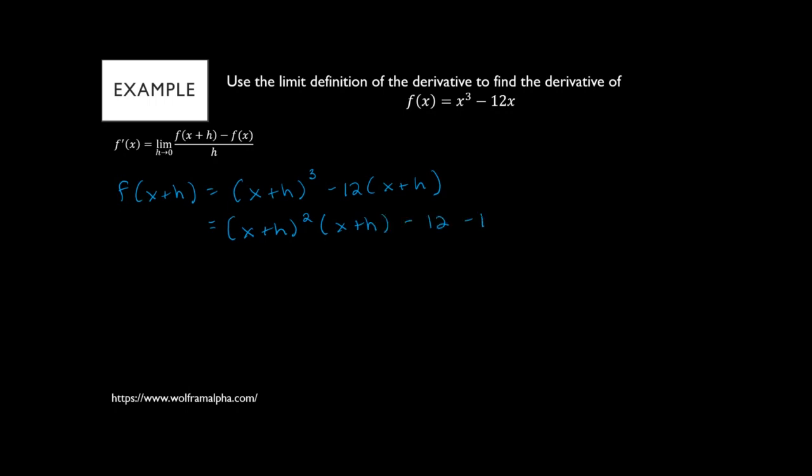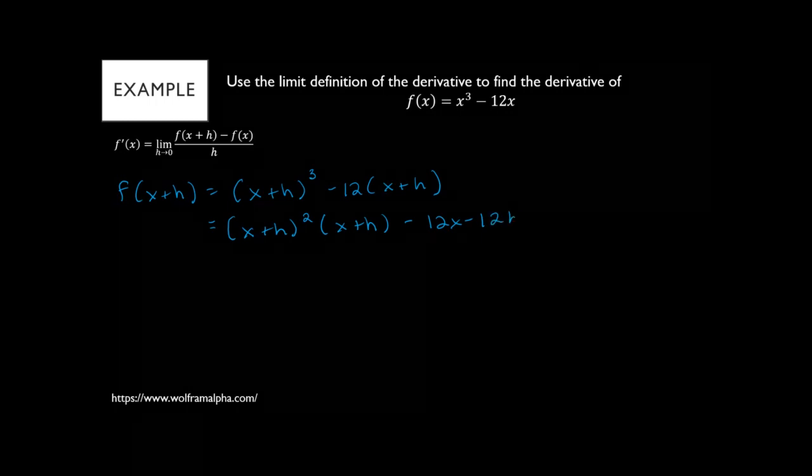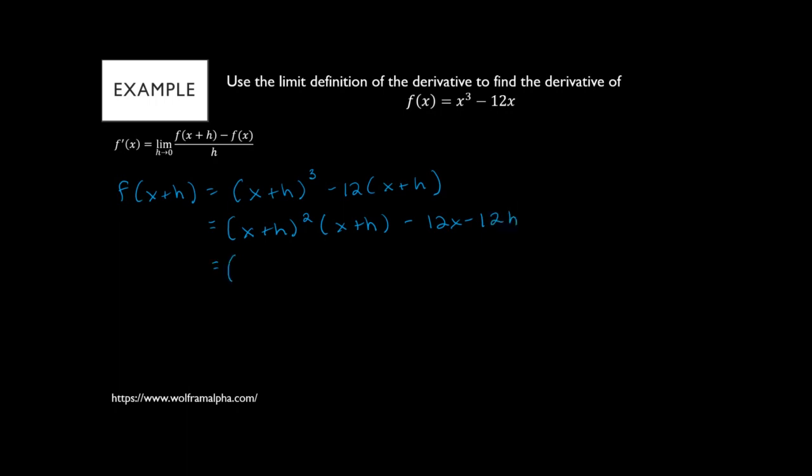I can distribute that negative 12 through. We know x plus h squared. But you can see that if you go to multiply this, it's tedious. Because now you're going to have to multiply this x squared plus 2hx plus h squared times x plus h and simplify, and it's going to be multiple steps.